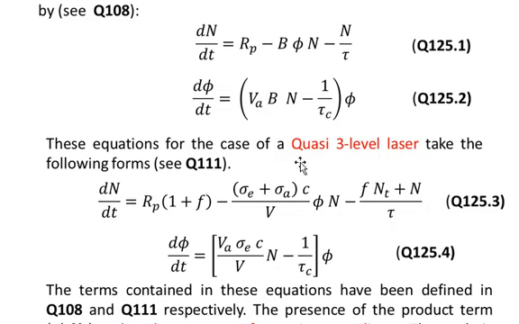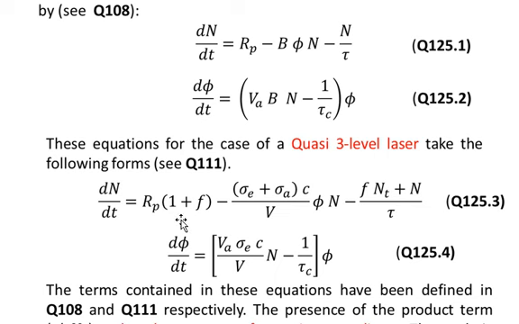These equations for the case of a quasi 3-level system take the following form. Corresponding to equation number 1 and 2, which have been written for a 4-level laser system, the equations for a quasi 3-level system are given in slide number 111 and are reproduced as equation number 3 and 4 below.